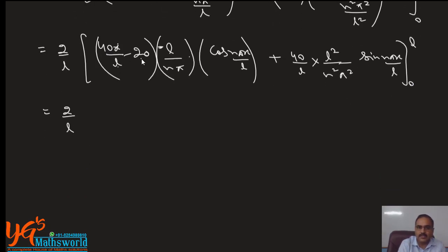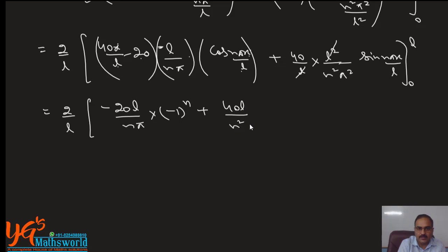So 40 minus 20, that is 20, minus 20 L over n pi into cos n pi. That is minus 1 raised to power n, plus 1.